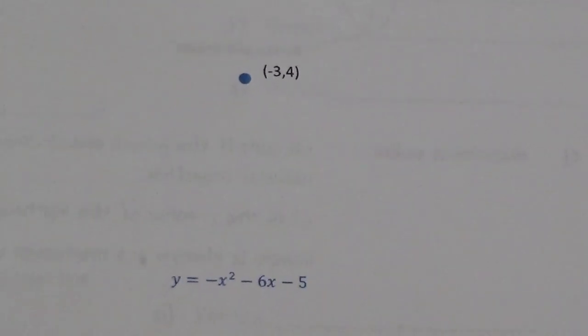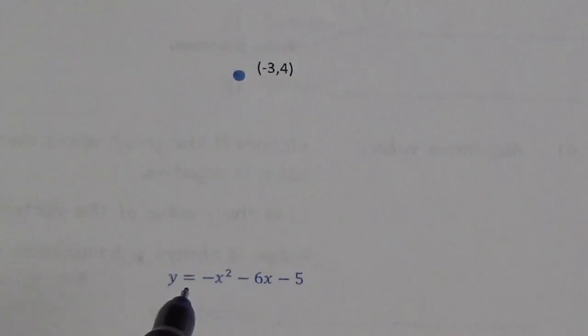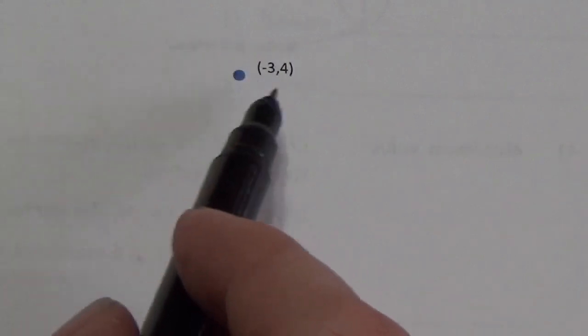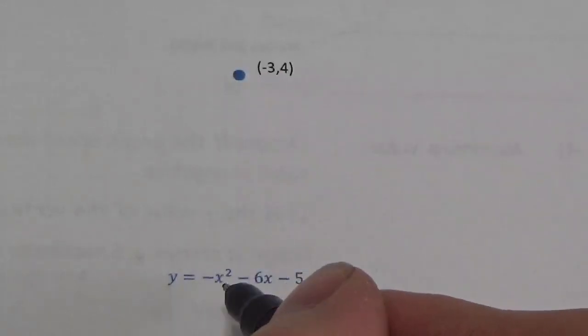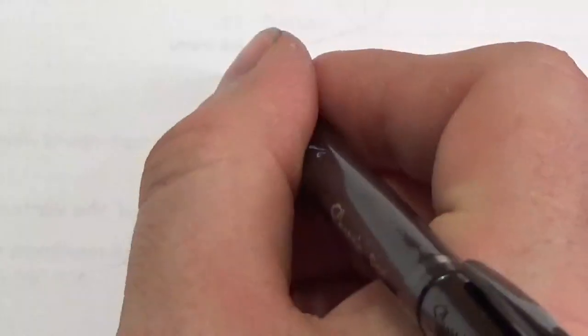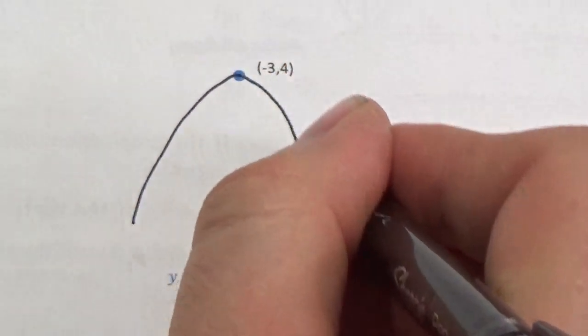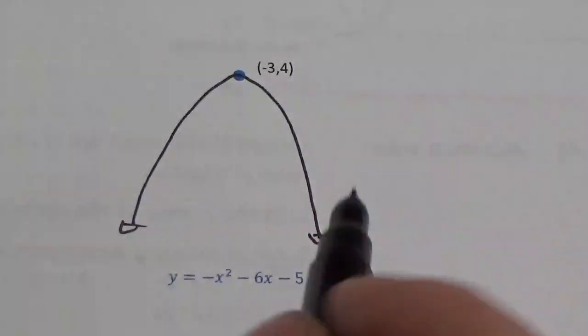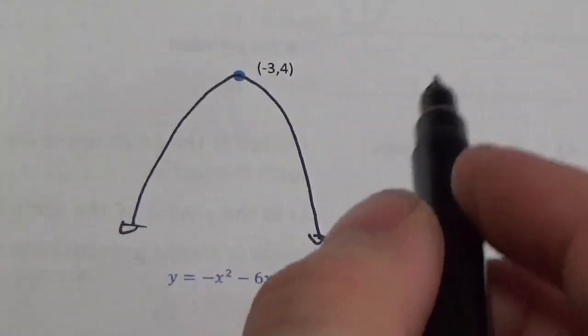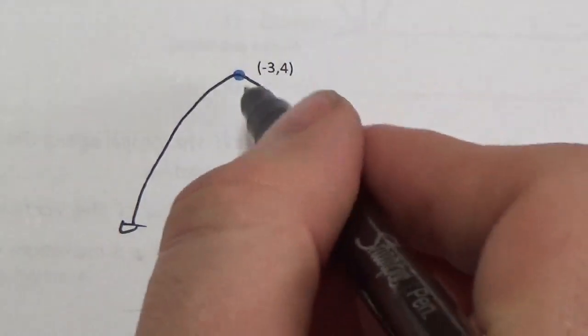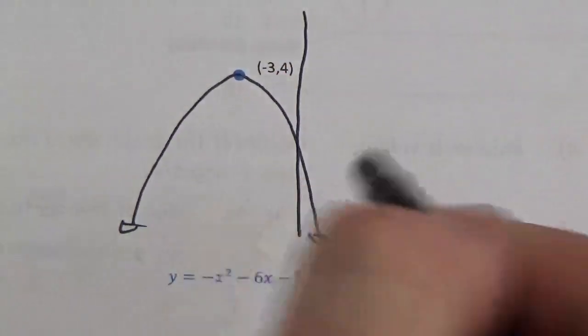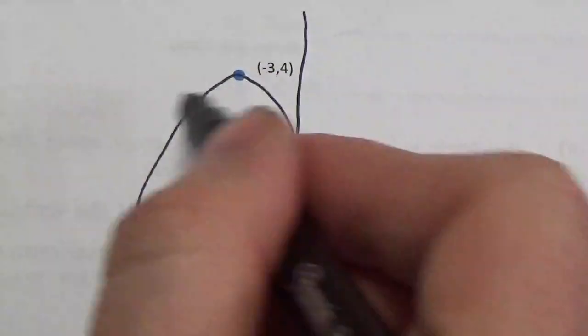Now, with that information in mind, let's take a quick look at this. If I've got a parabola that's y equals -x squared minus 5x minus 5, and I know that the vertex is (-3, 4), well, because of the negative in front of the x squared, I know that this is going to open down. (-3, 4) means that my y-axis is going to be over here to the right of the vertex.